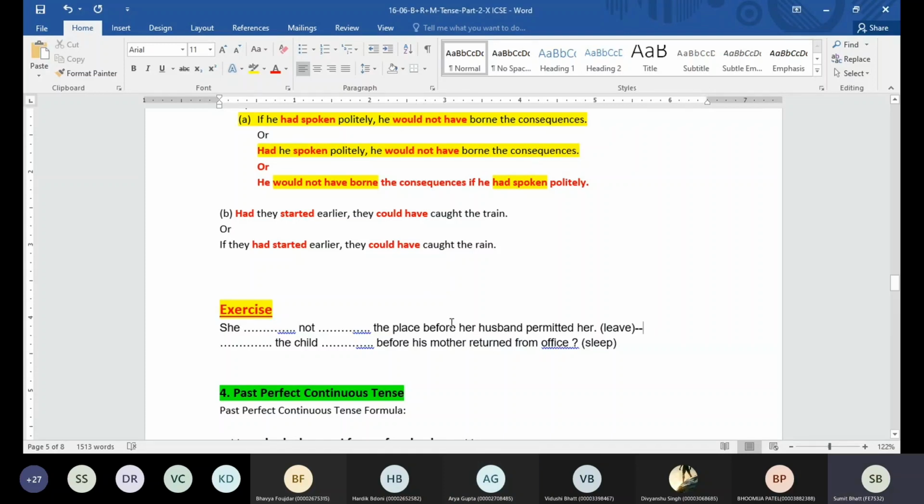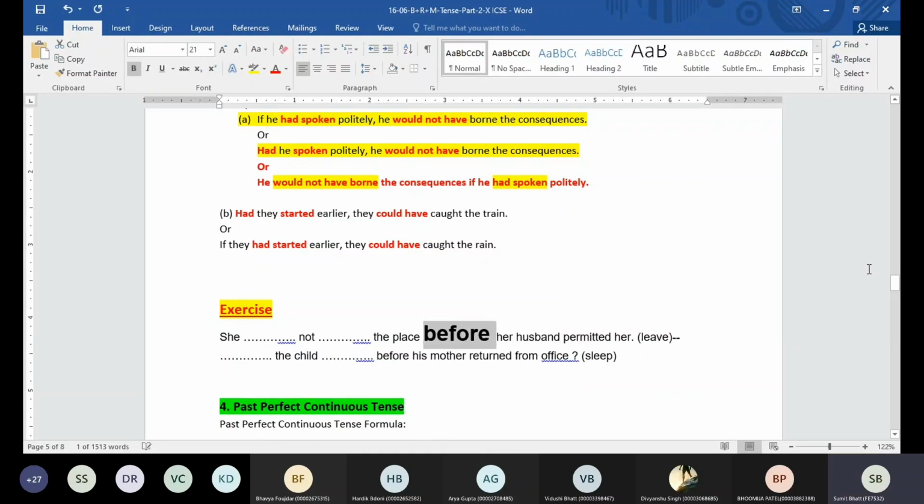Okay, try to identify the thing, guys. What are we using in between? Before. That means if you have before and after, how many actions we are going to discuss about? Okay, one is done first, second was done later on. So we are saying her husband permitted her. That is going to mean this was the which action? First action or second action? Second action, right?